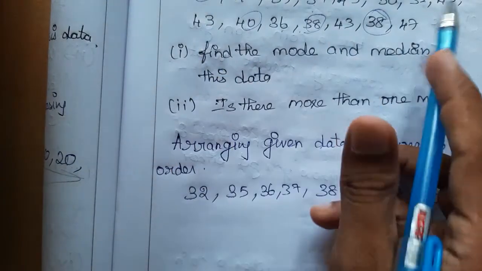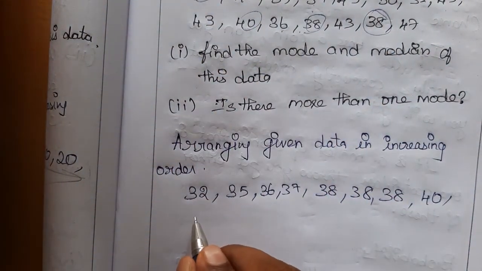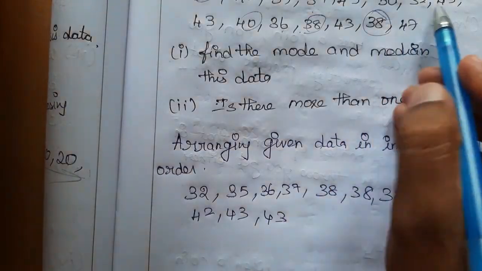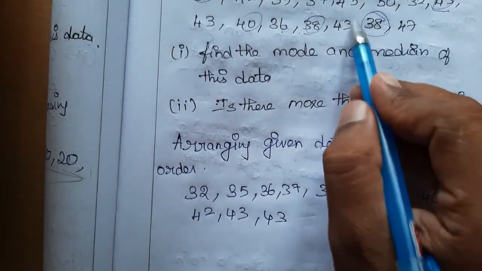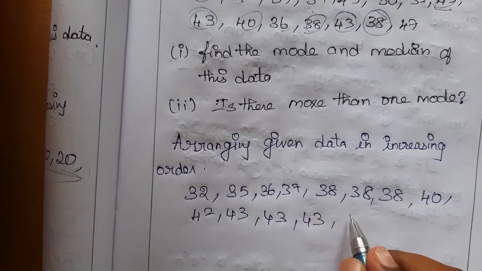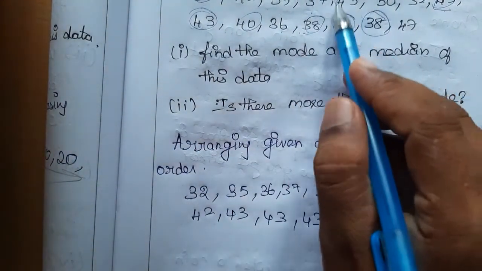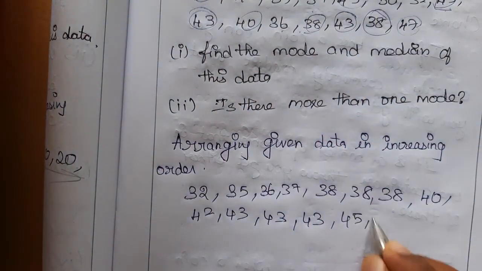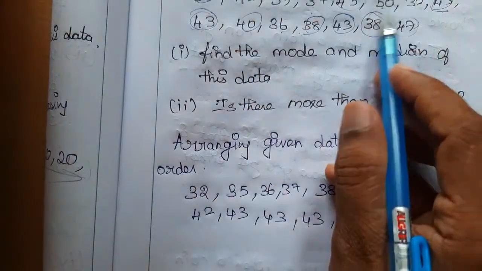Make sure how many 43s. 1, 2, 3, three 43s are there. And then 45, 47, and then 50.